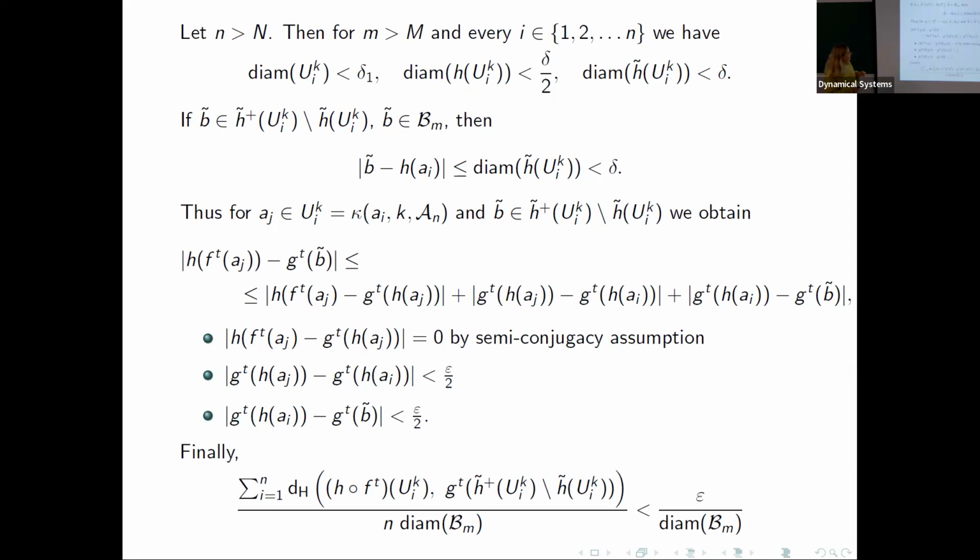In particular, if I have a point that belongs to this set, let's say H2 plus, then by the way I define this set with plus, it cannot be far away. If some point is here, then the image of this cannot be far away from this point.